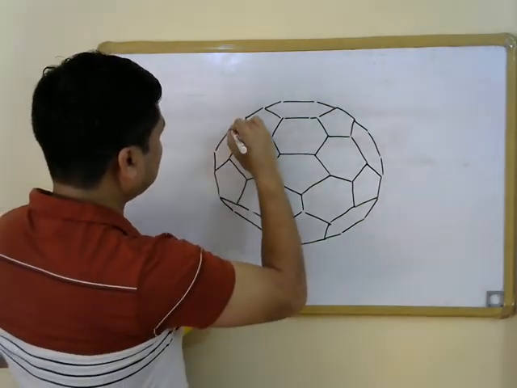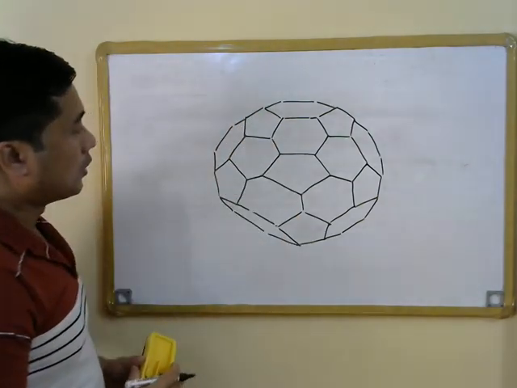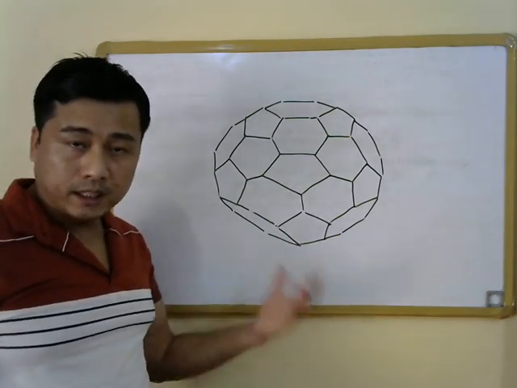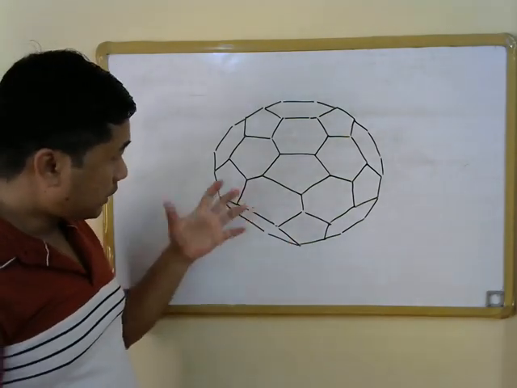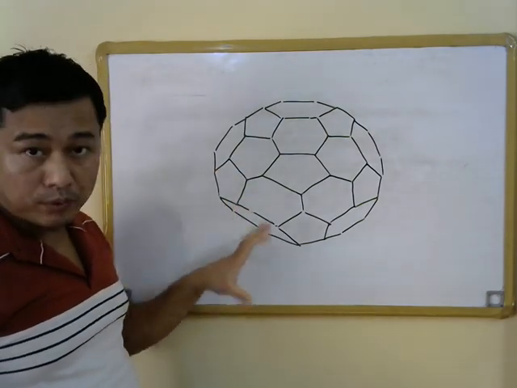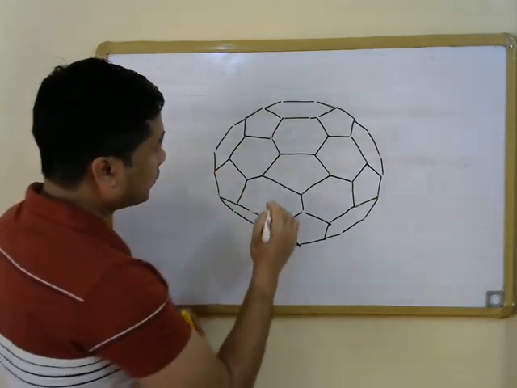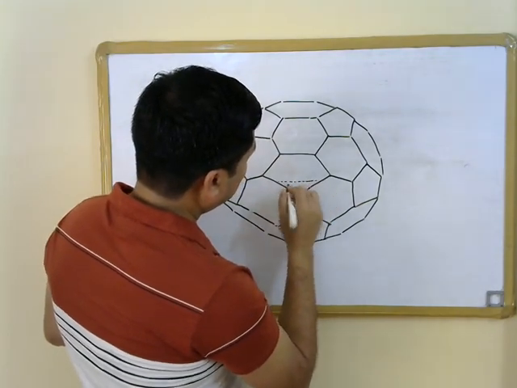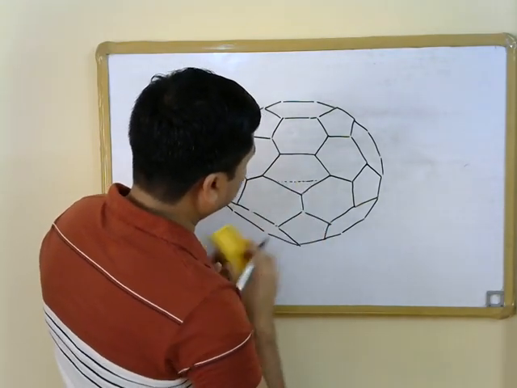So now we have drawn a one-sided picture, but we can also draw the other side of the C60 molecule, because this is only from one side. So for that we will draw dashed bonds here.